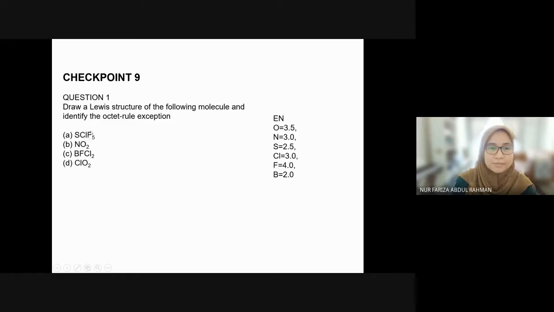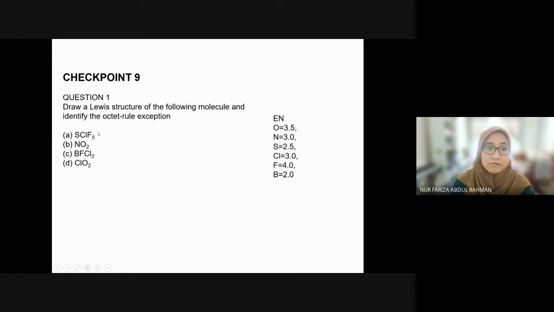Ini pun agak obvious lah dekat situ. So once we have decided that sulfur is the central, fluorine obviously dah ada 5 fluorine atom. So that means we have 5 bonds dekat situ. Dah ada 5 bonds for fluorine alone, and then we have 1 chlorine, so we have 6 bonds surrounding the sulfur. So 6 bonds times 2 is equivalent to 12 electrons.